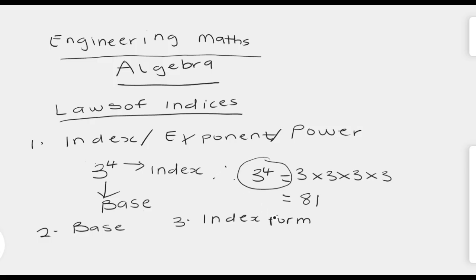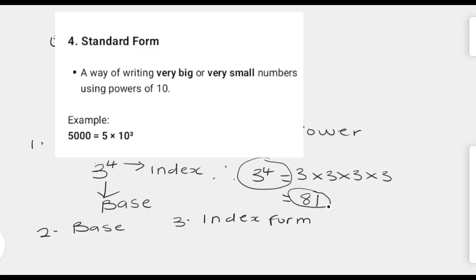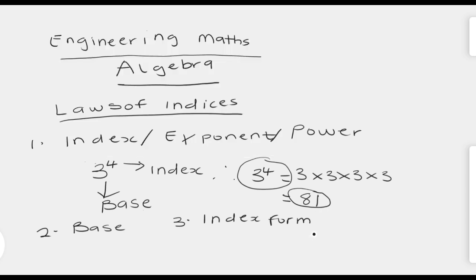So next, we have what they call standard form. This is a standard form. A standard form is a way of writing a very big or very small number using the powers of 10. If you want to write it in index form, you can write it like this, or you can put it in a standard form.